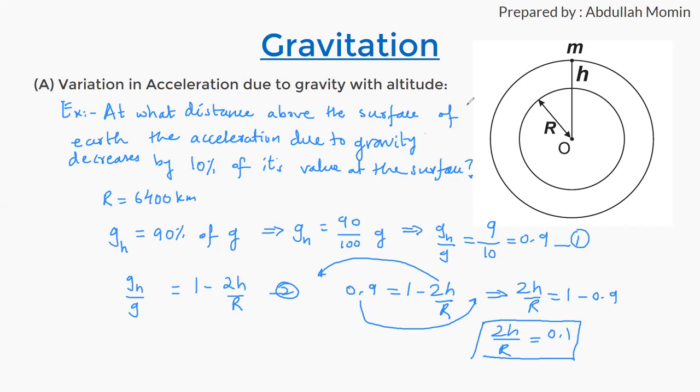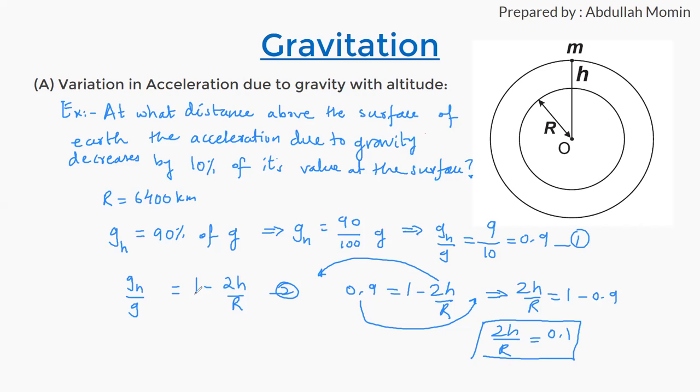So 2h upon R is 0.1. So 2h can be written as 0.1 into R, so 0.1 into 6400 kilometer, that will be 640 kilometer. That is 2h. So h can be written as 640 by 2, that is 320 kilometer.